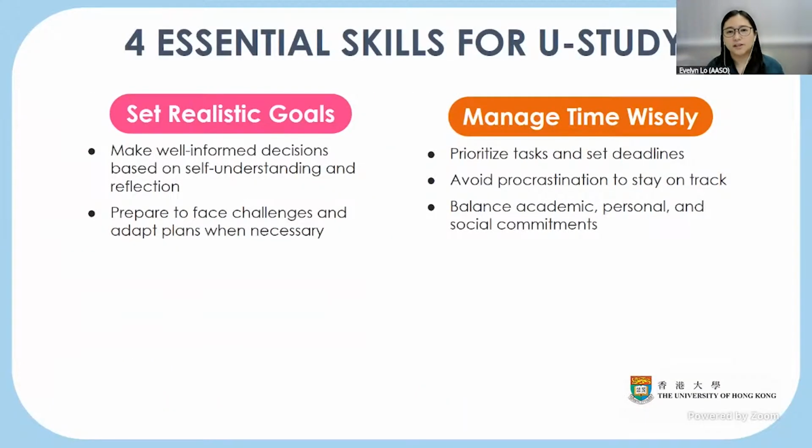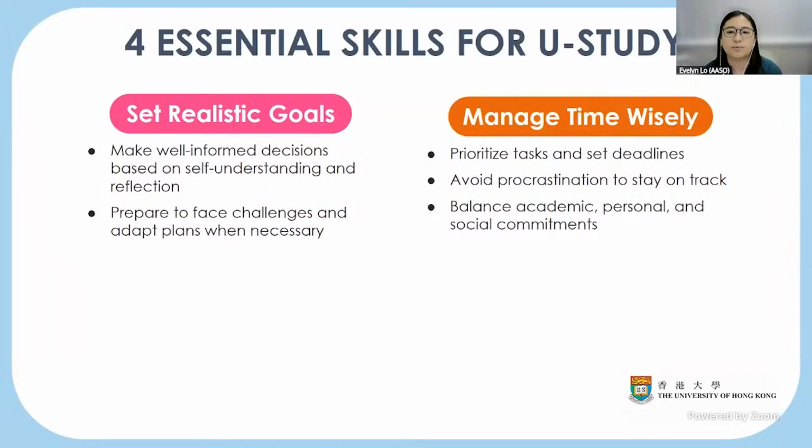And okay, so tip number 2 is to manage your time wisely. As I said, there are many things you could do, right? You can do exchange, you could do part-time, you could be an exco. There is much more academic freedom, much more freedom, much more independence. Right now, as a university student, you have to balance your personal, academic, and social commitments.